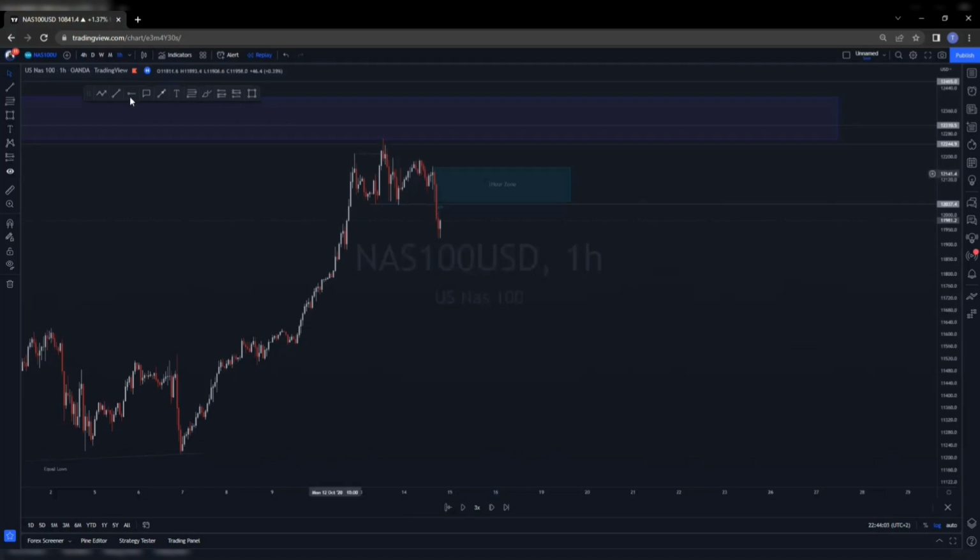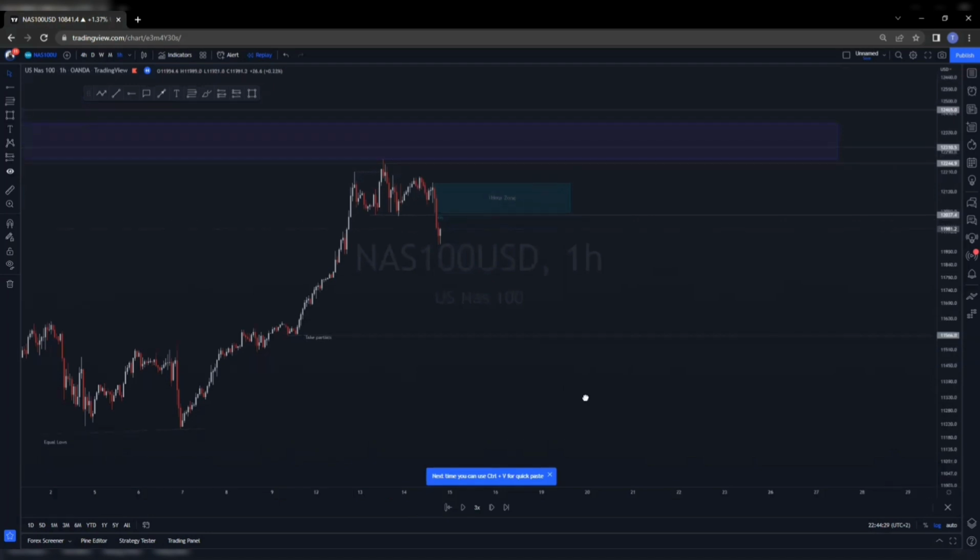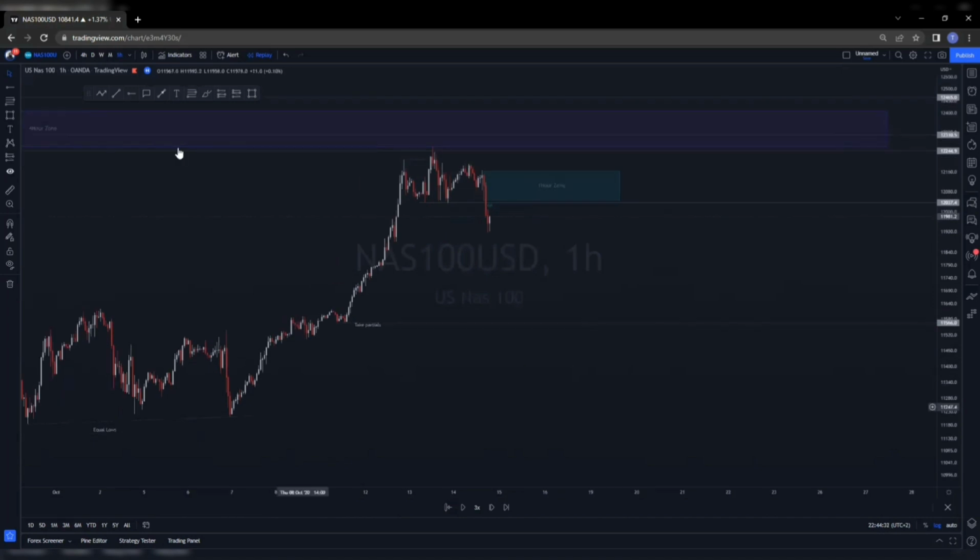We are going to take partials at this equal low here, because there's a chance that the market will not necessarily go all the way to the downside, right? So we'll take partials there. And then TP2 is here.